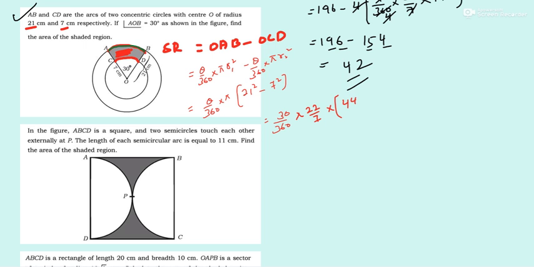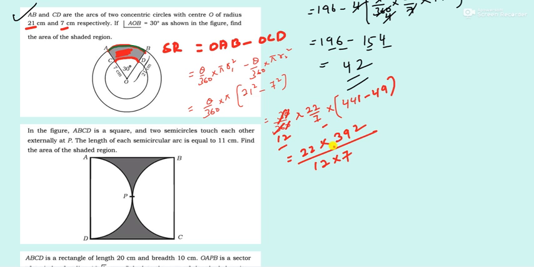What is 7 square? It is 49, correct? Yes. So you will get like this. Now solve this. 3 ones are 3, 12s are 12. So 22 into how much is this? On solving you'll get 392 divided by 12 and 7.